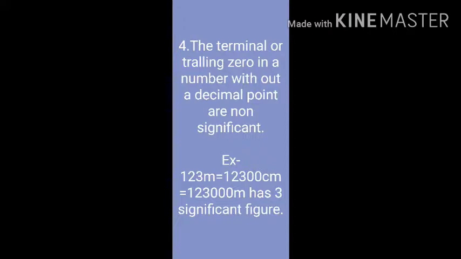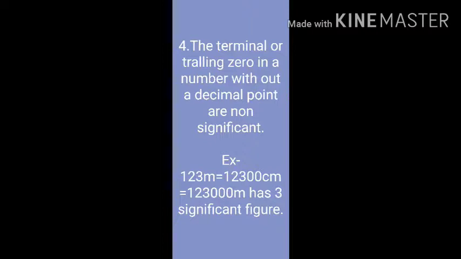Rule 4: the terminal or trailing 0 in a number without a decimal point is non-significant. That is 123 meter, 12300 centimeter, 12300 millimeter has 3 significant figures, because the trailing zeros after 3 are non-significant.